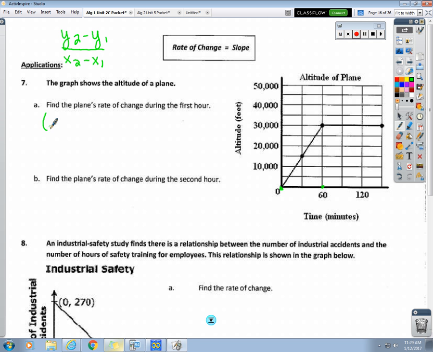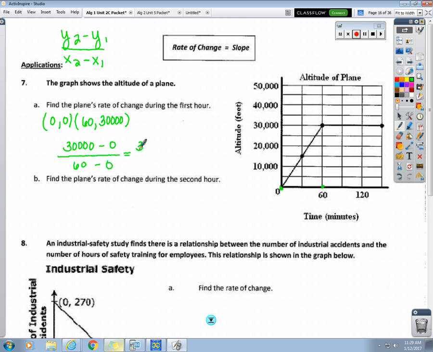So what is your first point? 0, 0. Very good. And what is your second point? Right. Those are the 2 points you use because they represent the first hour, from 0 minutes at 0 feet to 60 minutes at 30,000 feet. To find the rate of change, you just do the slope. So y2 minus y1 over x2 minus x1.